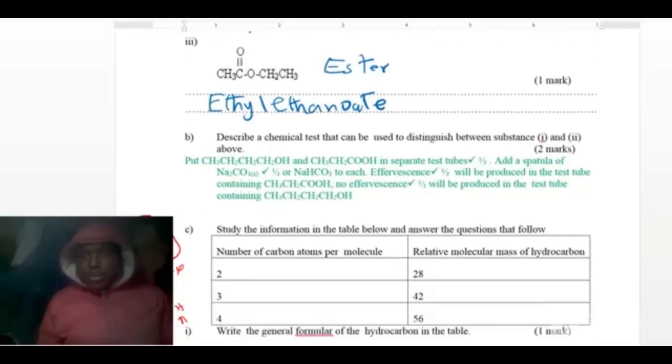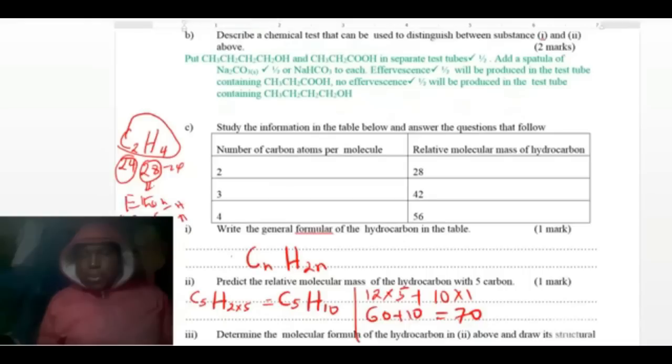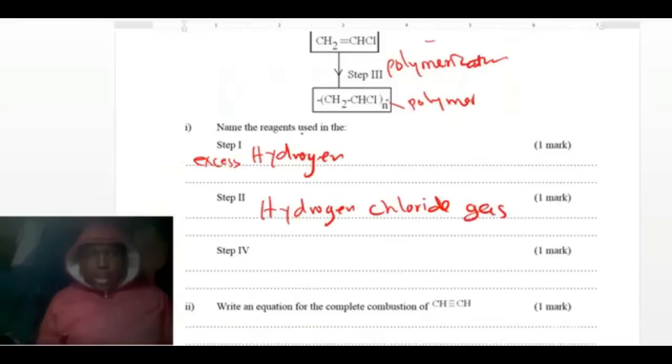What are the conditions for step 1 to occur? What are the conditions for step 2 to occur? Now, I already have said for hydrogenation, we need nickel catalyst and a temperature of 150 to 250. This question has not asked that, but it is important you know. Hydrogenation, step 4. Which one is step 4?